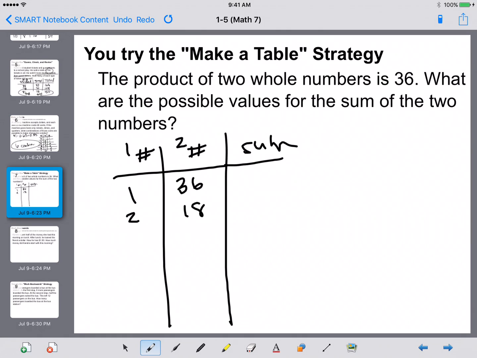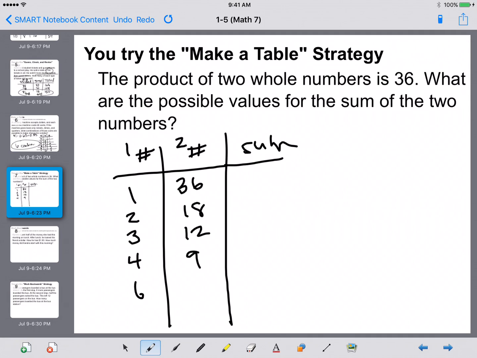Does 3 go into 36? Yes, it does. 12. How about 4? Does 4 go into 36? 9 times. So 4 and 9. And you can see our numbers are getting closer and closer together. So once they start to overlap, then we've run out. Can 5 go into 36? Is 36 divisible by 5? No. 6 go into 36?